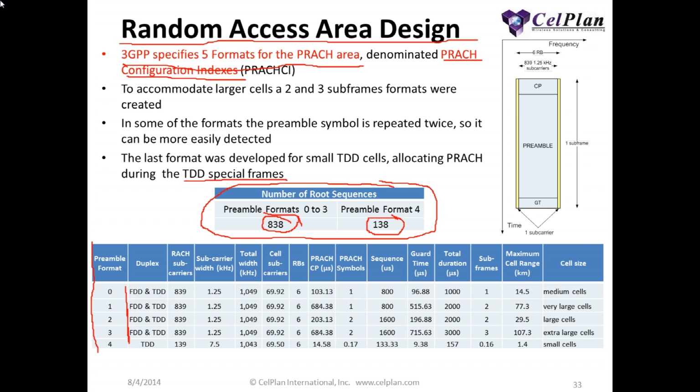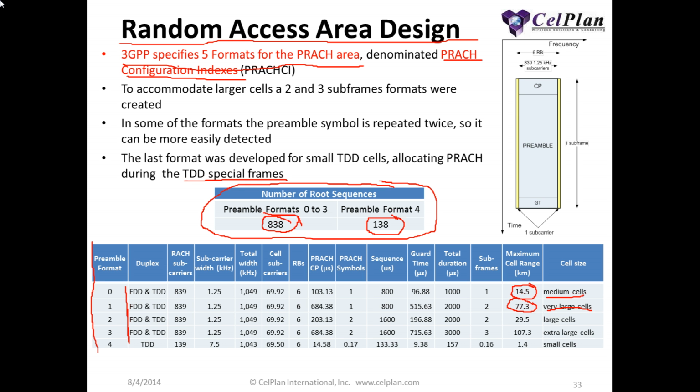So for a medium cell, the maximum cell range for format 0 is 14.5 kilometers. For very, very large cells, we can use format 1 that has a cell range of 77.3 kilometers.